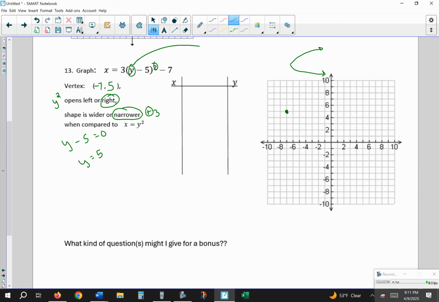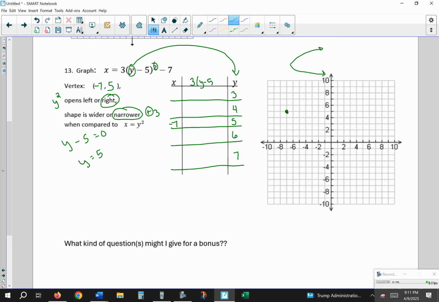And again, because the y is being squared, I'm going to pick my y's. And of course, we always put our vertex at the center because we're picking y's from smaller to larger. I like to have my equation right above. And I like to set up before I plug in.